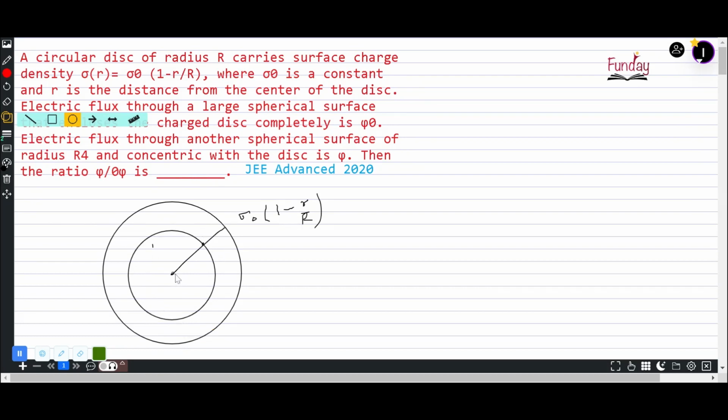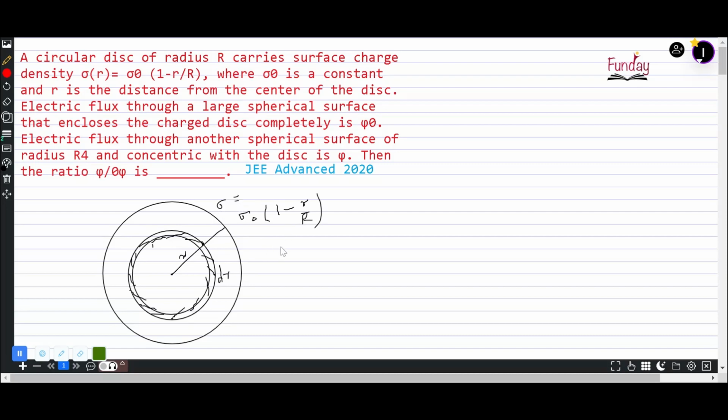Okay, and of width dr. Okay, so we have taken a slice of the circular ring, and that has a radius r and width dr. Okay, and surface charge density is given by a function wherein sigma is equal to sigma 0 (1 minus r by R).